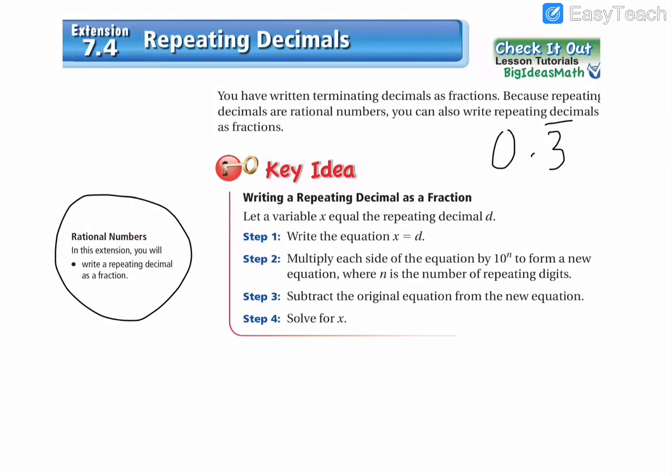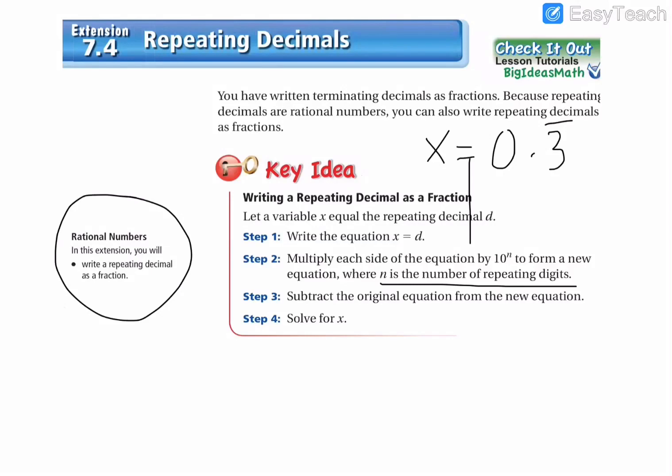So when you're given a repeating decimal, let's say 3/10 repeating, step one, write the equation as x equals that decimal. So x equals 3/10 repeating. Then multiply each side of the equation by 10 to the nth power to form a new equation, where n is the number of repeating digits.